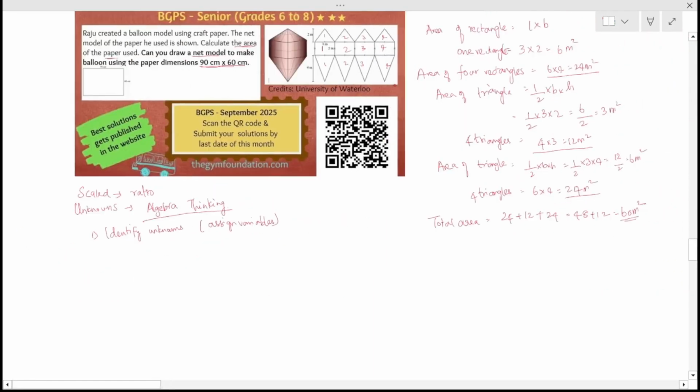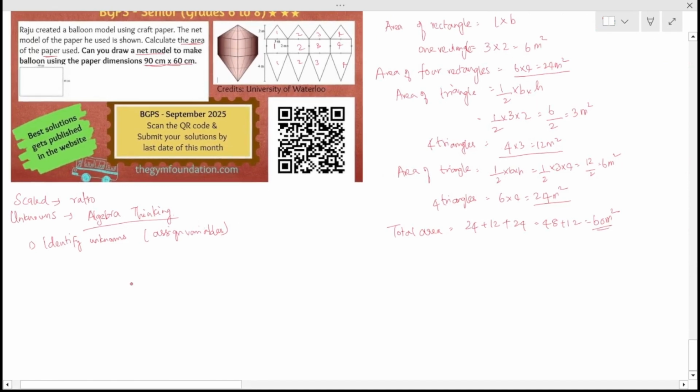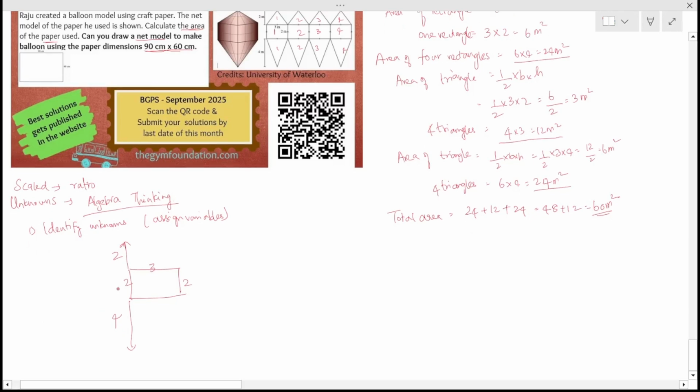So in this case, let's start with the actual problem which is given here. This is 3 meters and this is 2 meters in the rectangle. We don't know how to do it in our 60 centimeters. But what we know is this is the height and this is the height of the below triangle, 2, 4 and 2. So you can see that all of them are related, and maybe I can assign the height of the rectangle as x, because I don't know it.